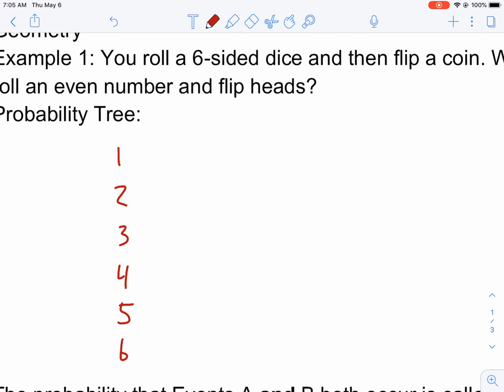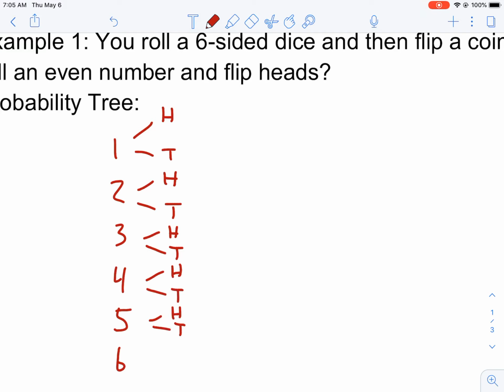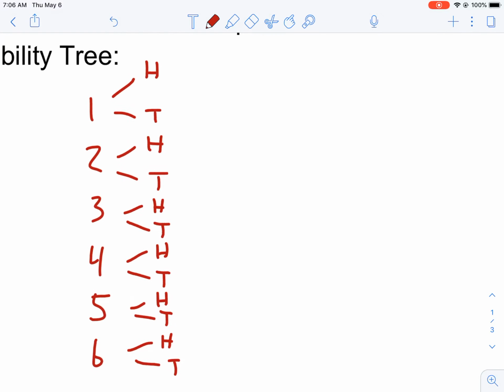And that's your sample space, right? But then you also have your second event. So then out of each one of those you could get heads or tails. And this will let you look at the sample space of the whole thing.